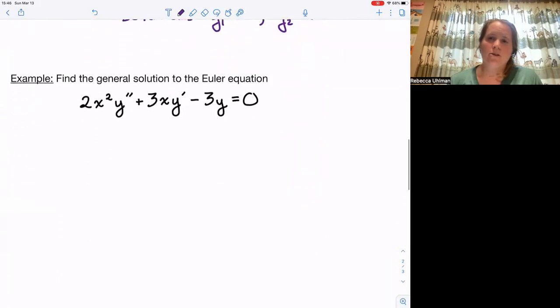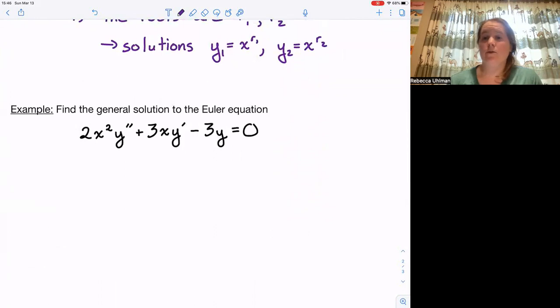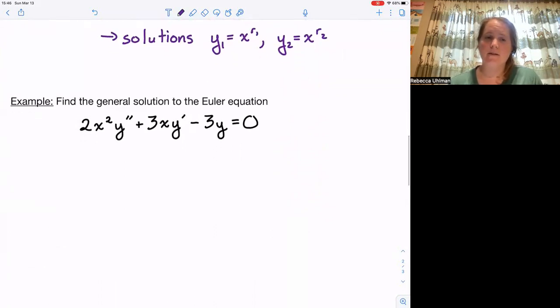But for the moment, let's just assume that we do get a fundamental set of solutions, or we can check the Wronskian for particular cases. So we'll go ahead and find the general solution to the Euler equation, 2x squared y double prime plus 3xy prime minus 3y equals 0.